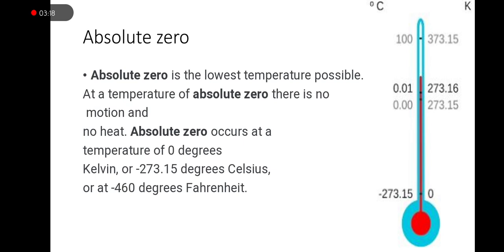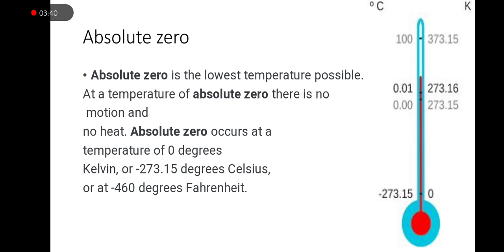Next is absolute zero. Absolute zero means the temperature at which there is no movement of particles. You know very well, when anything is hot, the particles of that thing start moving and move about all the time. The more energy the particles have, the more they move about. The opposite is also true.